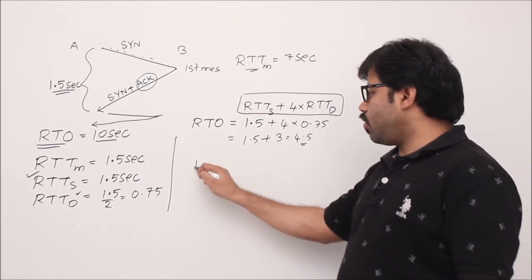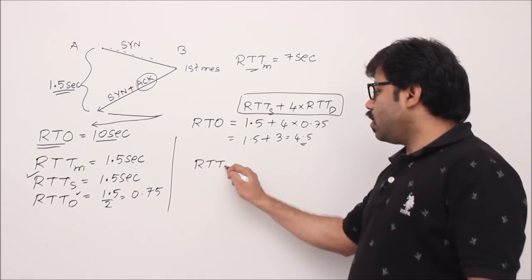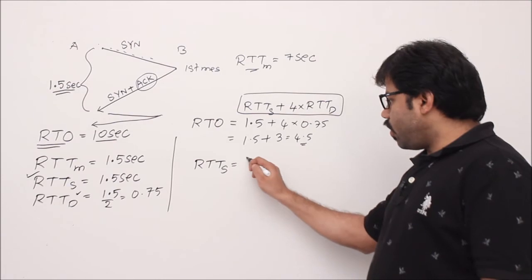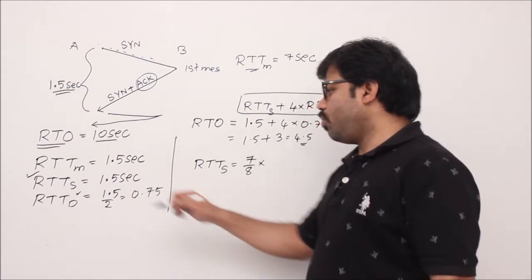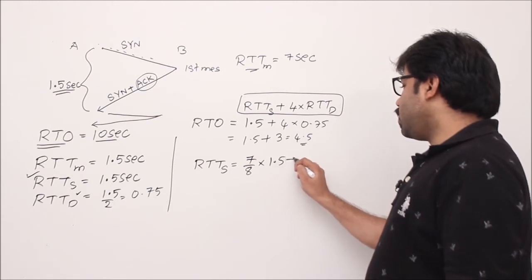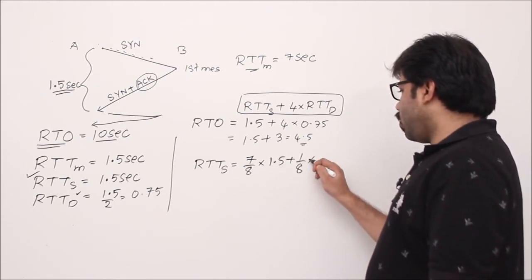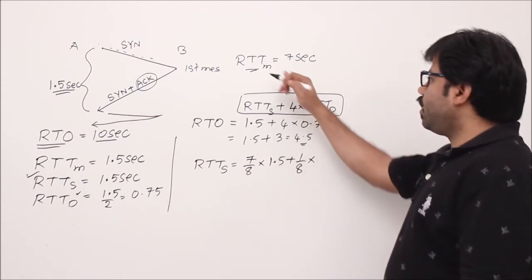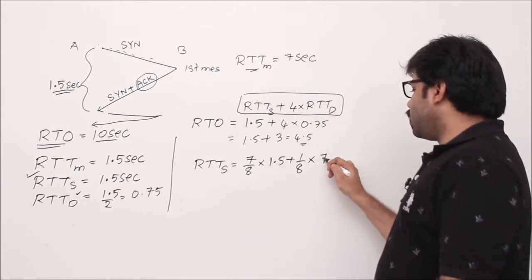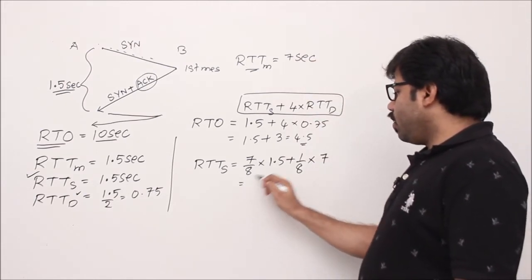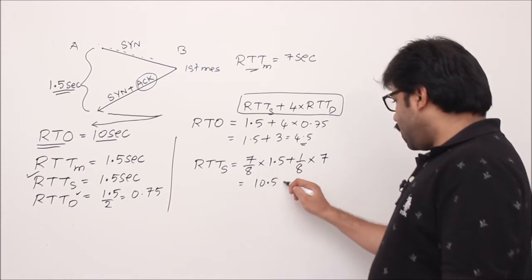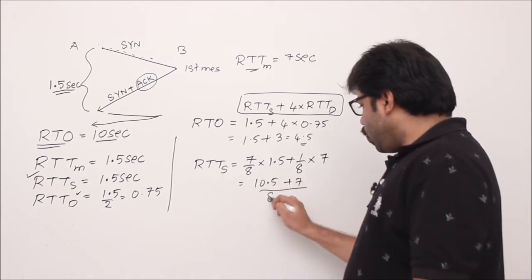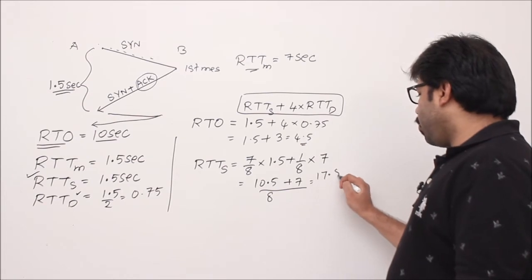First, step number 1, compute RTT smooth. RTT smooth is 7 by 8 of old RTT. Old RTT is 1.5 seconds, plus 1 by 8 of the new RTT measurement, right? So 1 by 8 into 7. This is the formula. It would be 1.5 into 7, which is 10.5, correct? Plus 7, it would be 17.5 by 8.